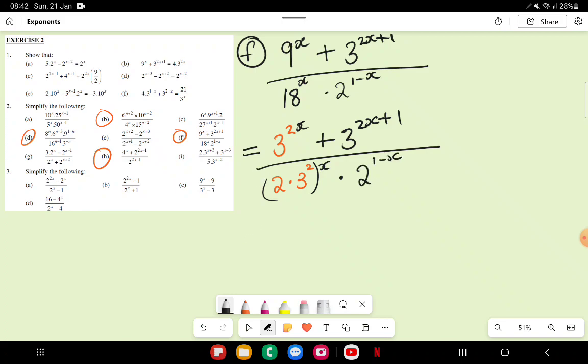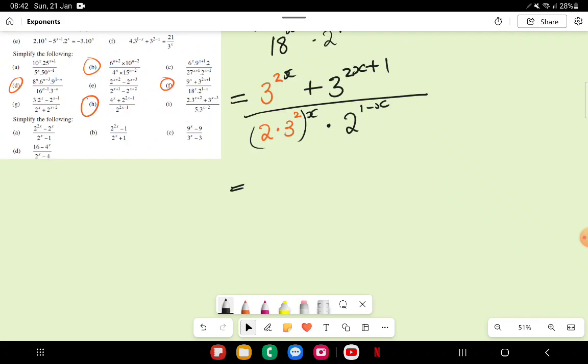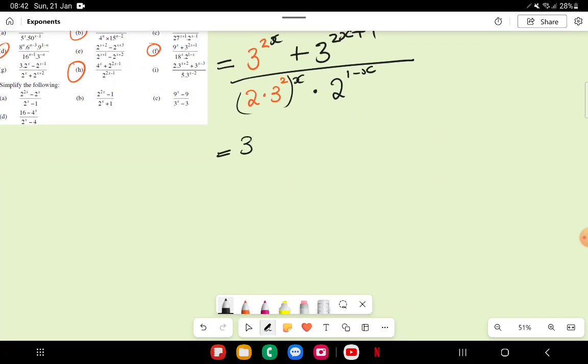Okay, so now we make sure everybody got the right exponents. 3 to the power of 2x plus 3 to the power of 2x plus 1 over 2 to the power of x times 3 to the power of 2x times 2 to the power of 1 minus x.